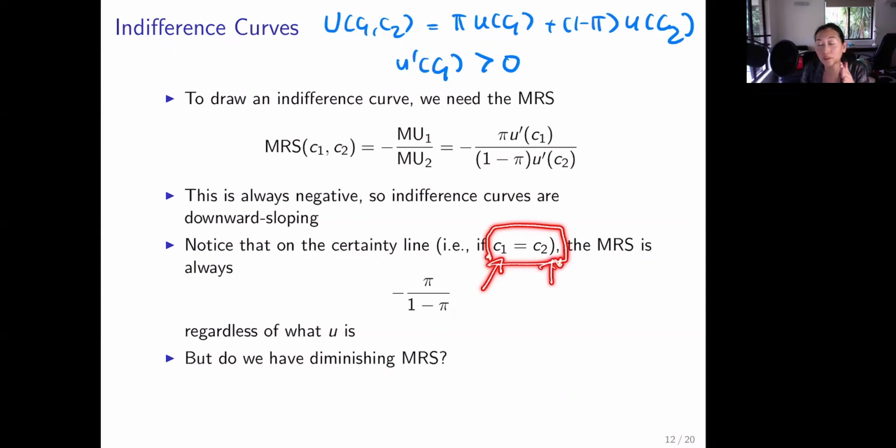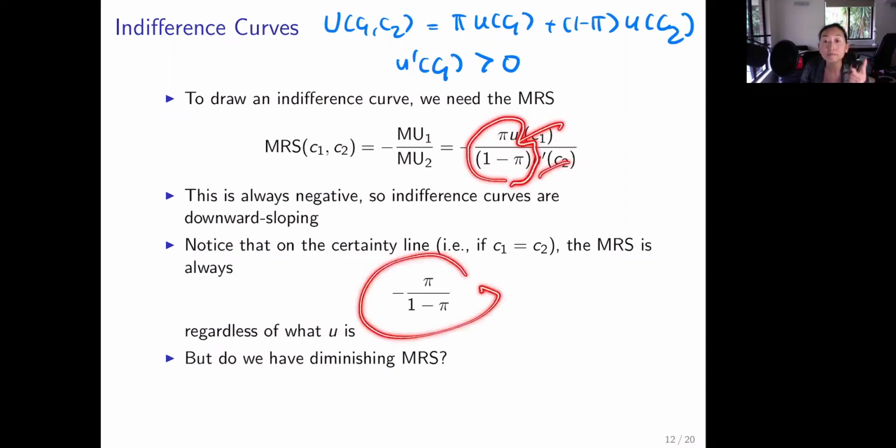It's along the 45-degree line. So when C1 is equal to C2, you see what happens? This value and this value would be the same, so you can cancel each other out because C1 is equal to C2. Then you end up with this amount as the slope of the indifference curve.